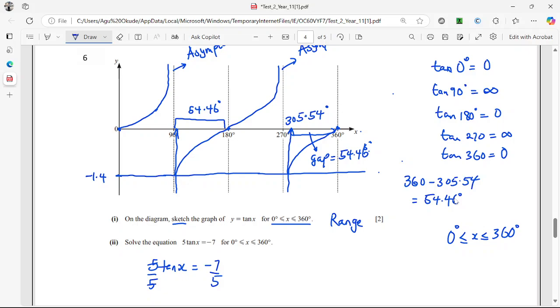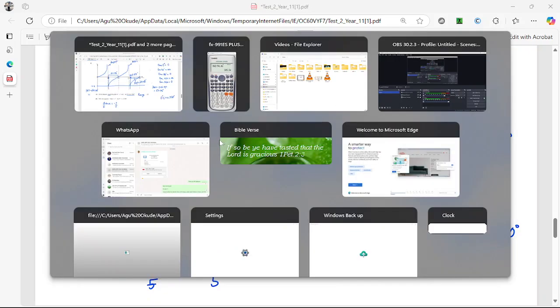Now for that reason, this angle right here is less than 180, right? For me to get this angle, I'm going to do 180 degrees minus 54.46. The reason is because this angle here, as you can see, is coming before 180. It's less than it. That's why I subtracted this 54.46 from 180.